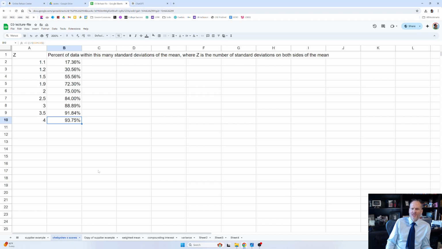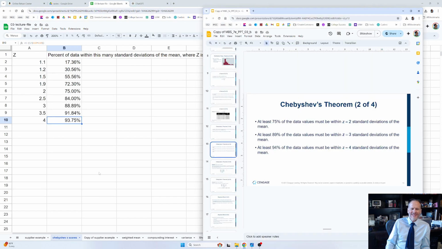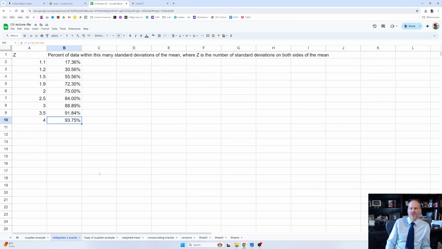So that's all Chebyshev's theorem says, and it's starting to give us insight into data and data sets. That's the explanation of Chebyshev's theorem. It's one of those things you should know, and occasionally we'll come back and reference it through the course.